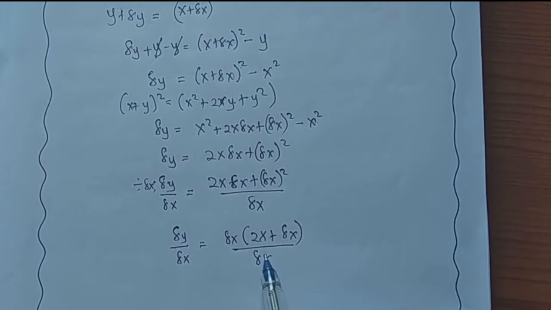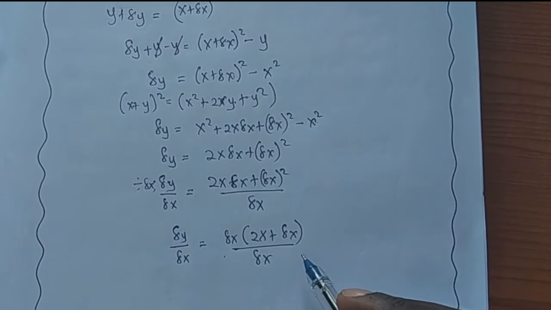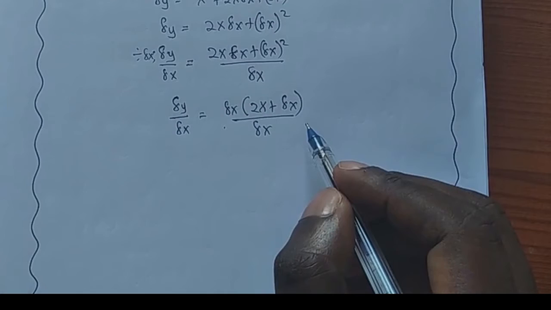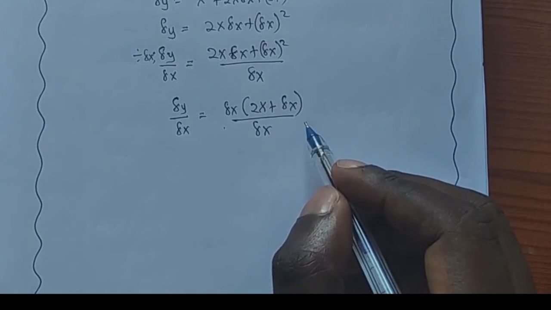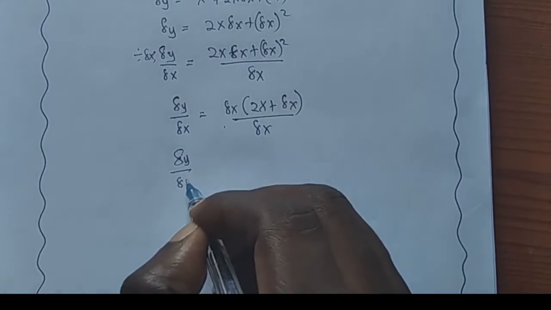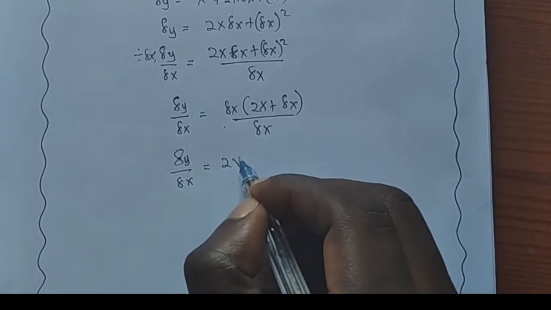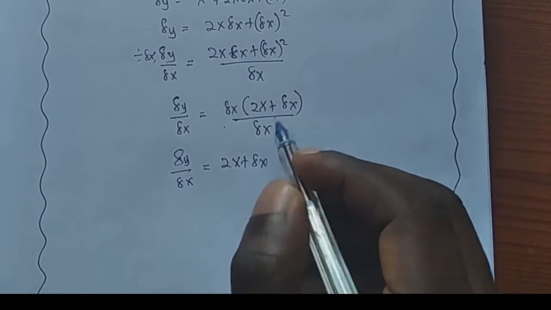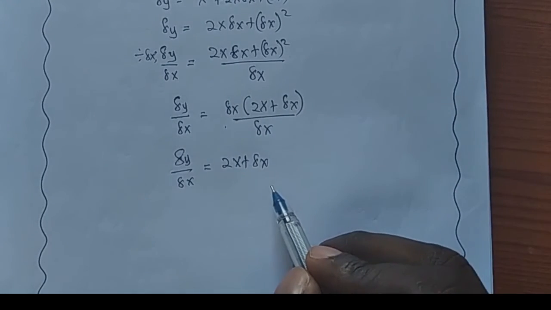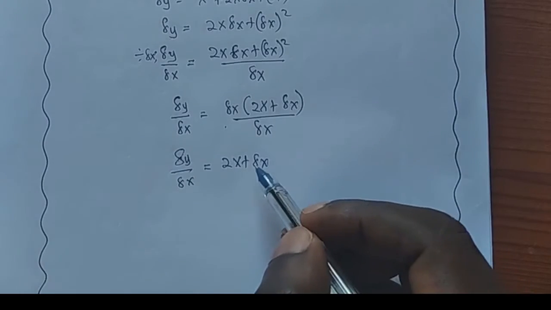Please never cross out this directly, because these changes can never be equal. Okay, a change can be mild, can be deep, but we don't cross them out directly. So we end up having 2x plus change in x. So I've not shown how I cross them out. Don't show how you cross them out, but we know they cross out.